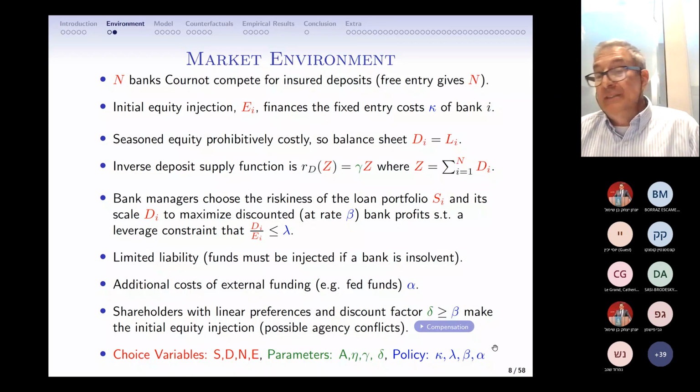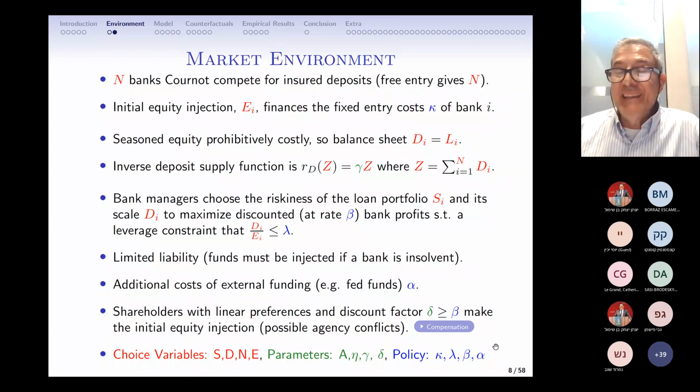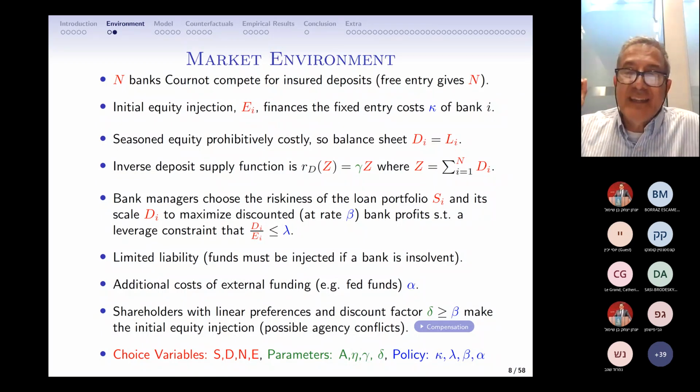So that's the environment, and if there are no questions on it, it's really just taking Allen and Gale and embedding it in a dynamic framework with free entry. The idea is to ask what the implications of these policy parameters are on riskiness, the bank's choice of how risky their loan portfolio will be, how much bank lending will go on, and what will happen to bank market structure.